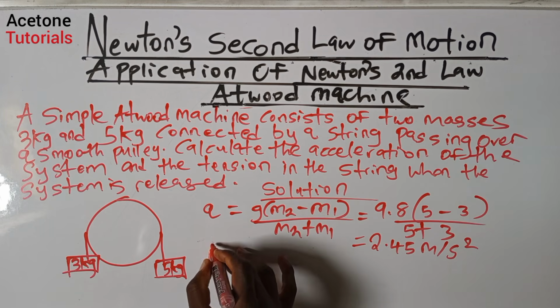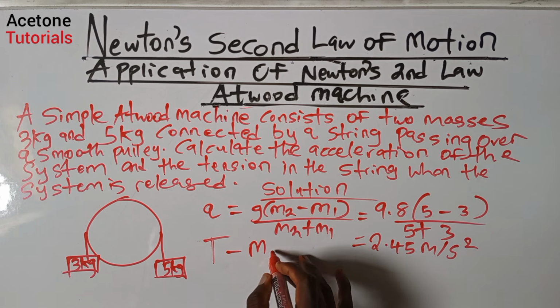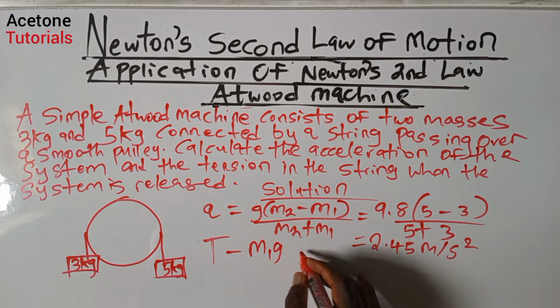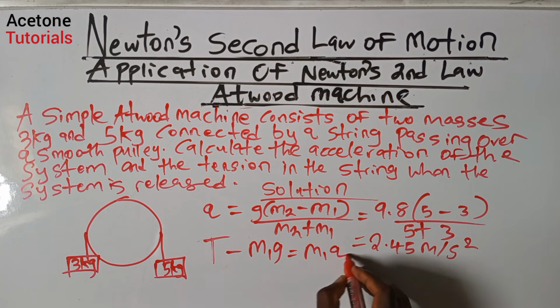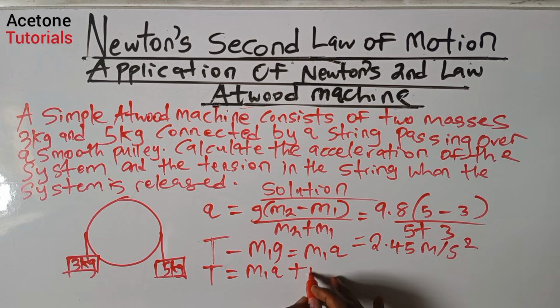So T minus m1g, which is the weight, the downward force, equals m1a. So T equals m1a plus m1g. m1 is 3.